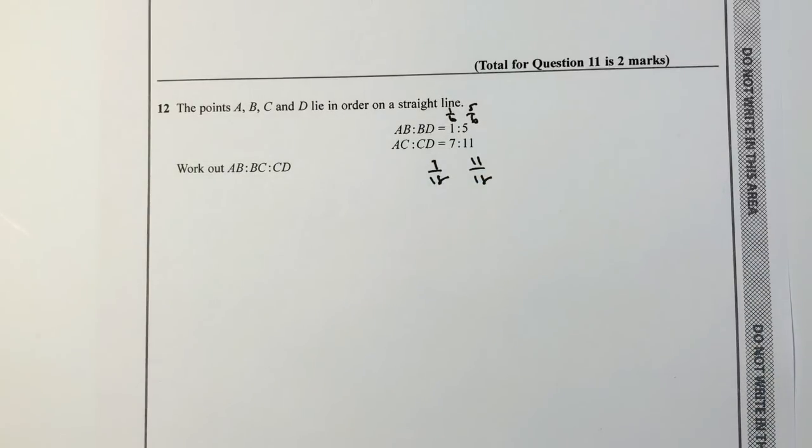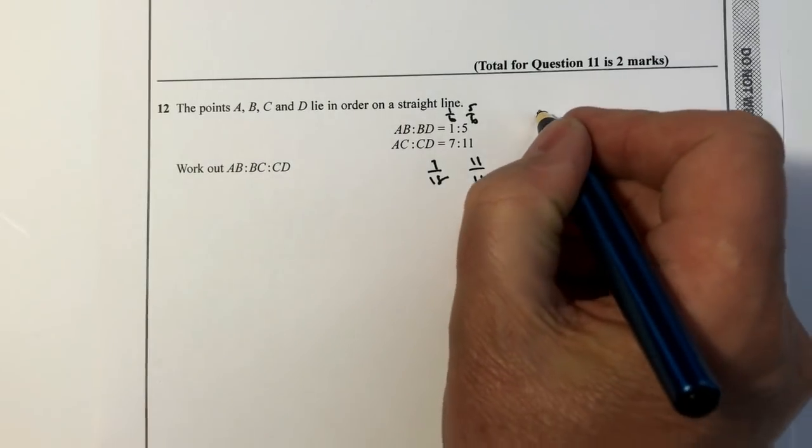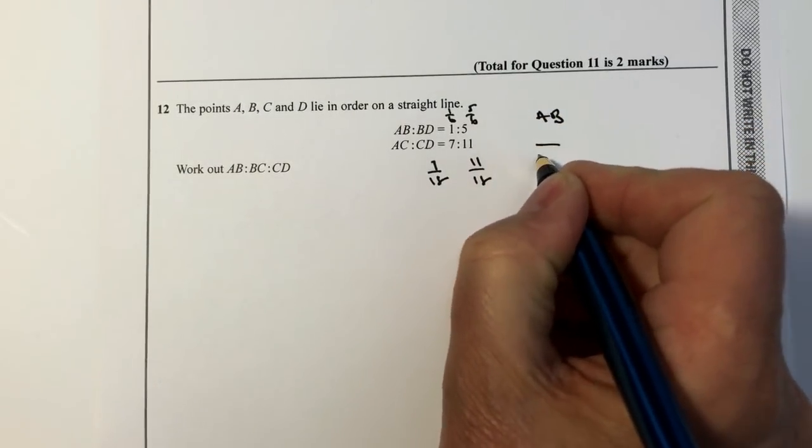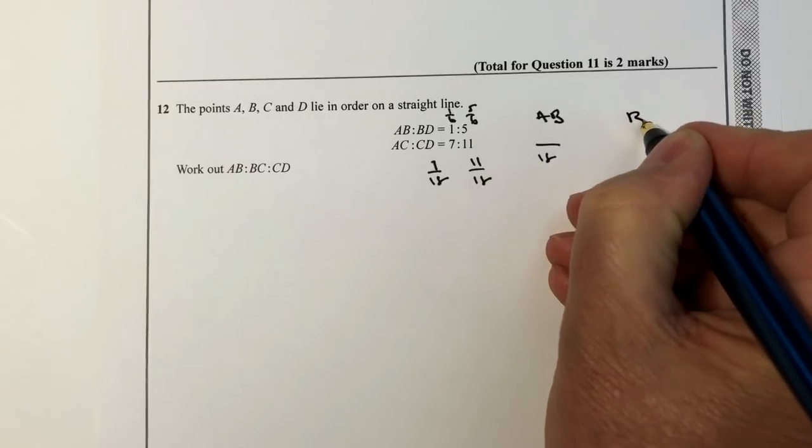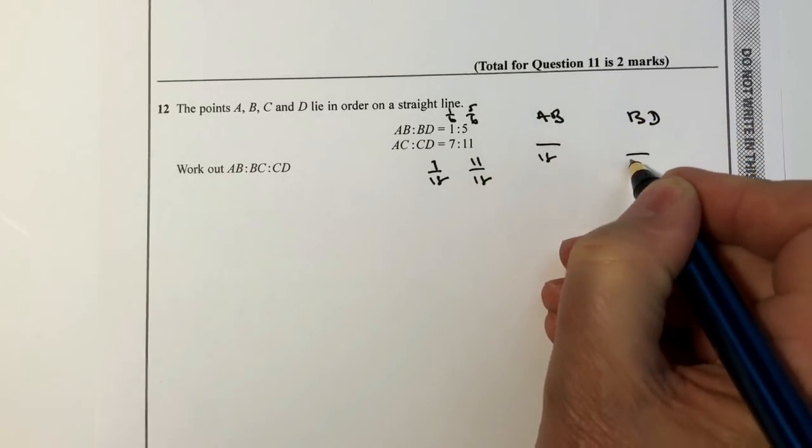Okay, so the difficulty we've got there is that we're working with different denominators. So I'm going to make these the same denominators. Rather than writing A to B and B to D as 1/6 and 5/6, I'm going to write A to B over 18 and B to D over 18 as well.